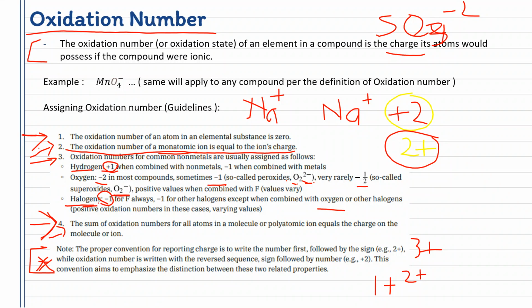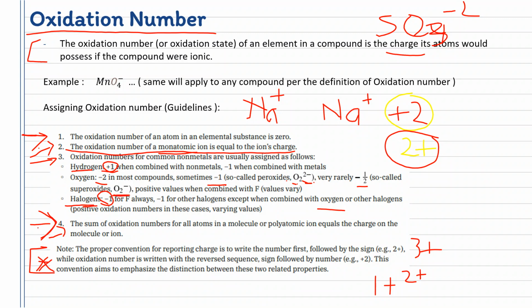Those are the elements that end with chlorine, fluorine, iodine, all the -ine. Those are halogens. And we're saying that all the halogens, the oxidation number is going to be straight away -1, except if oxygen is being combined with the halogen, or if the halogen is being combined with other halogens, then it's not going to be -1. It's going to have a positive oxidation number.